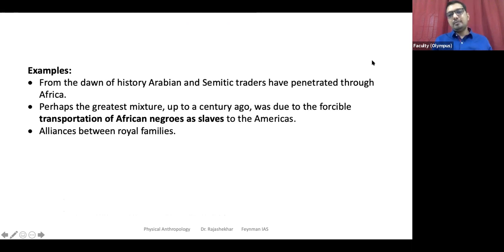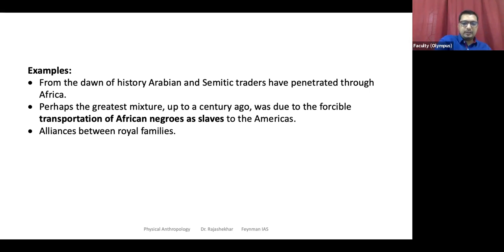Can we provide any examples of race crossings? So lots of examples you can give. I think one most common being the forcible transportation of African Negroes as slaves to Americas. Blacks and whites issue, the ongoing issue, or the major issue that we have talked about in eugenics or in the concept of racism.